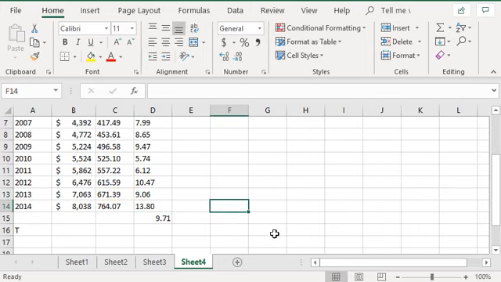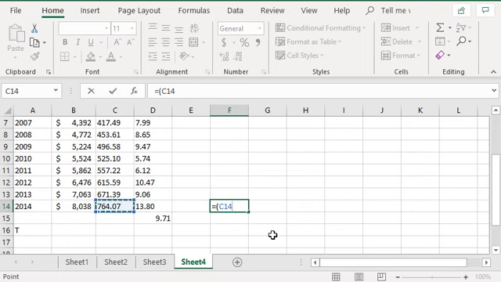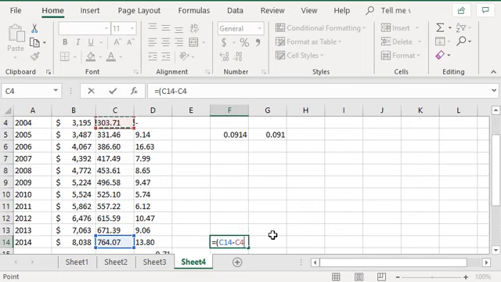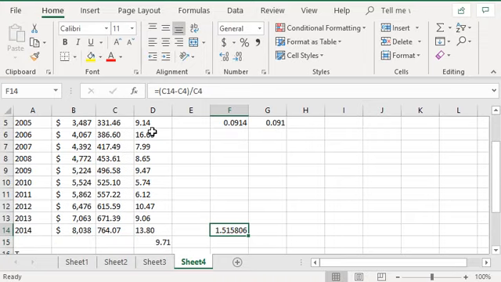So what we have to do right here is calculate the percent change from 2004 to 2014. Now I can multiply by 100 to convert it to a percent, or I can just leave it in decimal form. I'm going to just leave it in decimal form.